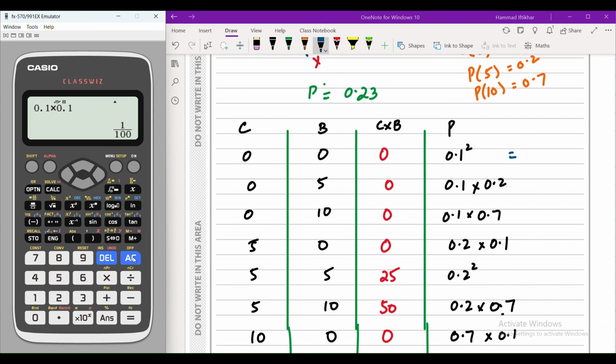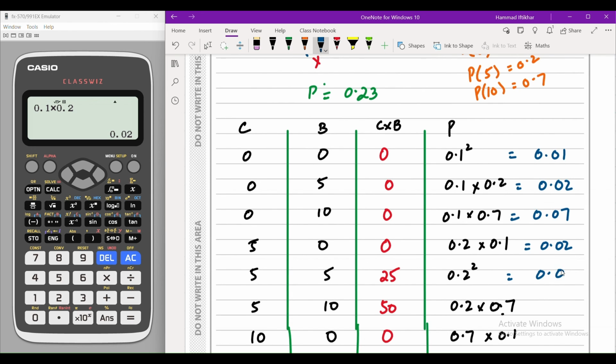Now let's calculate the values. 0.1 times 0.1 is 0.01. 0.1 times 0.2 is 0.02. 0.07. 0.02.